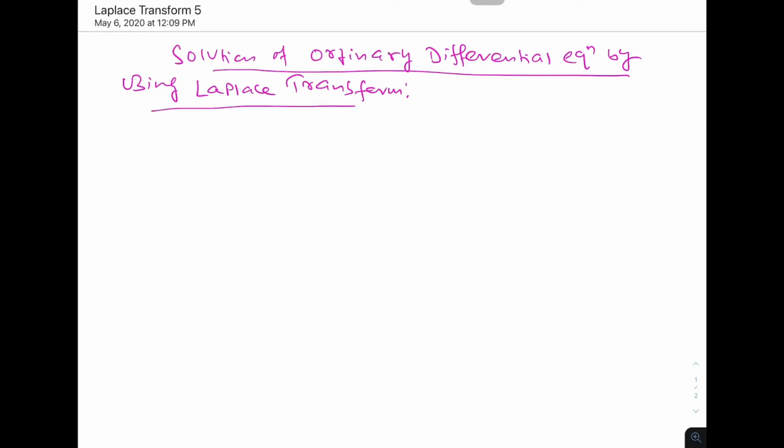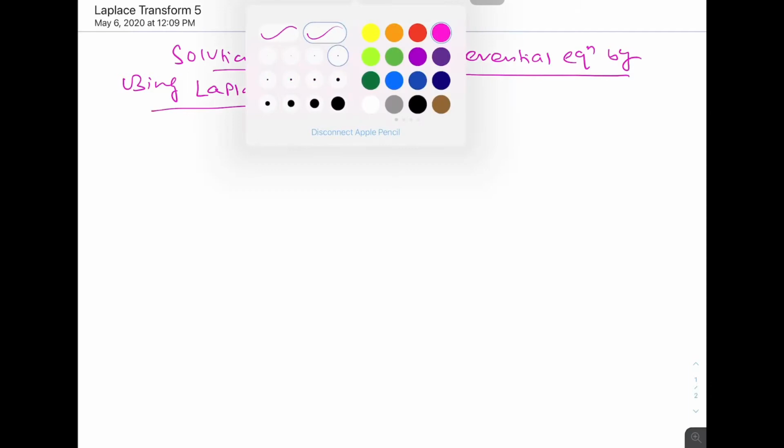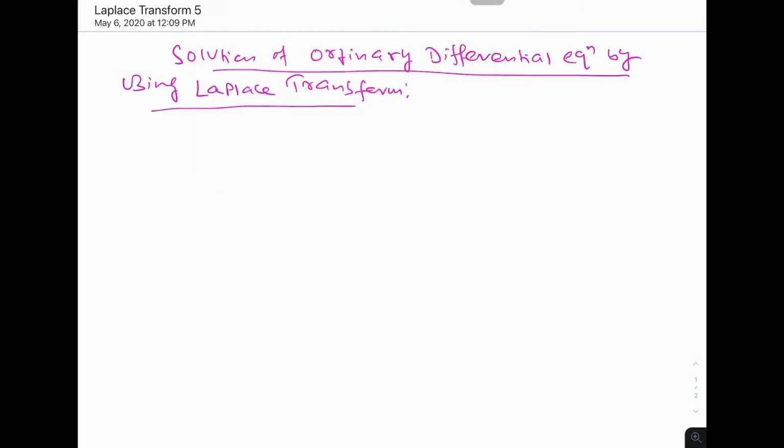Now here you are given one differential equation, say a2 d square y by dx square plus a1 dy by dx plus a0 y equal to some function g of t.